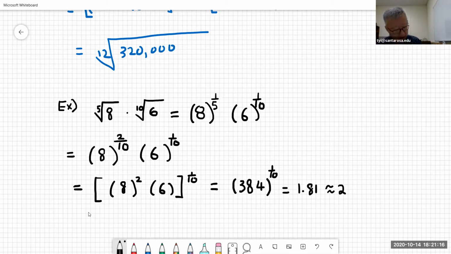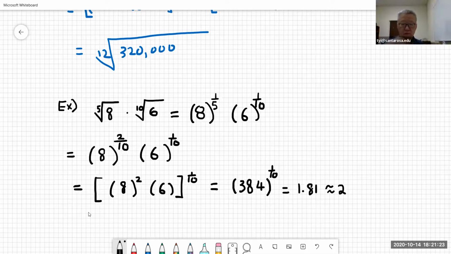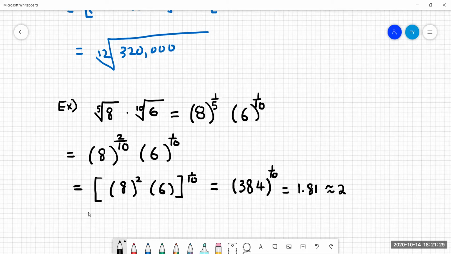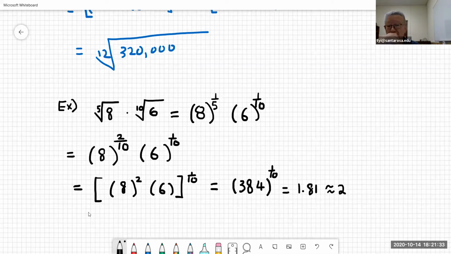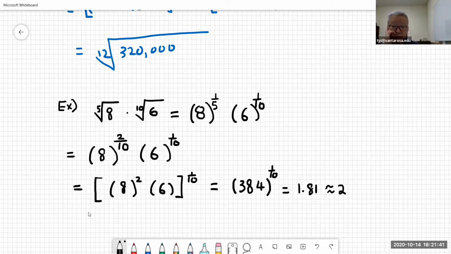All right. So I got 38.4. Does that sound right? How did you get 38.4? I don't know. I put it into a calculator. Huh? No, this is a 1/10 power. Yeah, I put that into my calculator. Give me 38.4. No, you're not dividing by 10. Did you enter your numbers correctly?